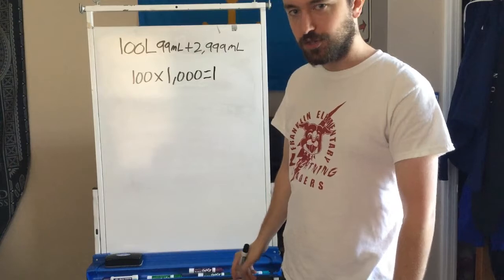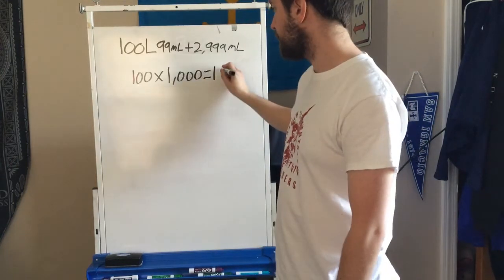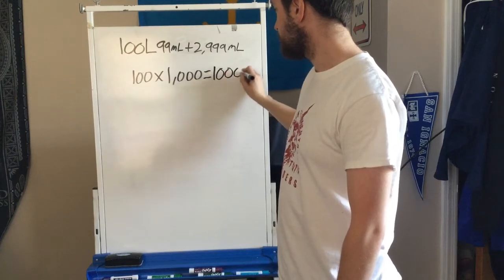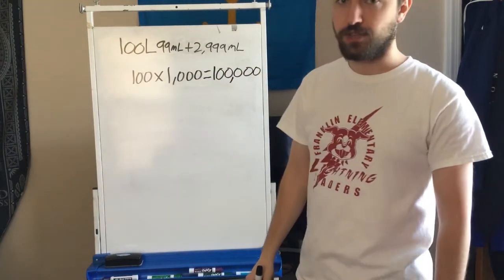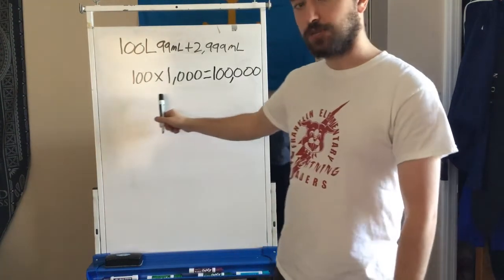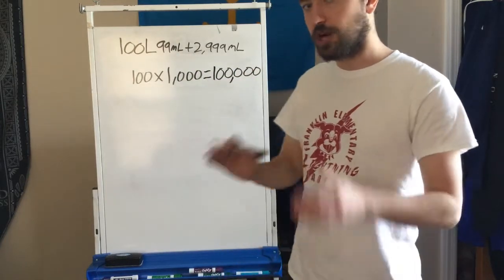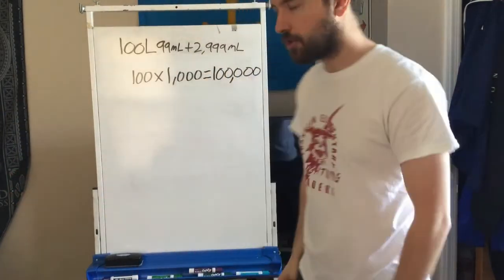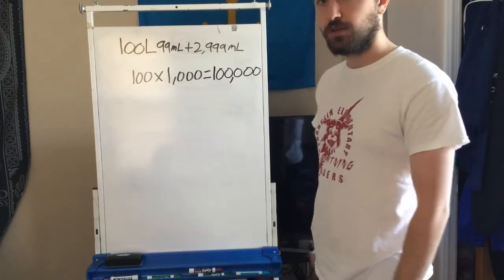Now how many zeros are there? 1, 2, 3, 4, 5. It's 100,000. We started in the thousands place, and then we went over 2 place values. We jumped to the left 2 more place values, adding in a couple more zeros on our answer.